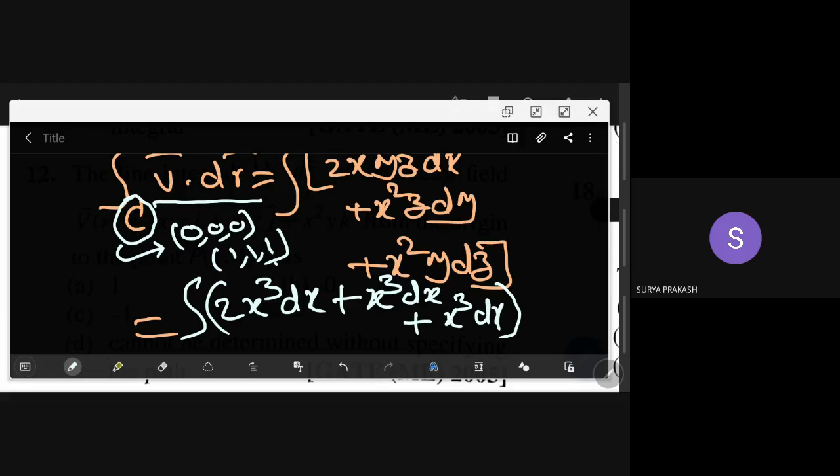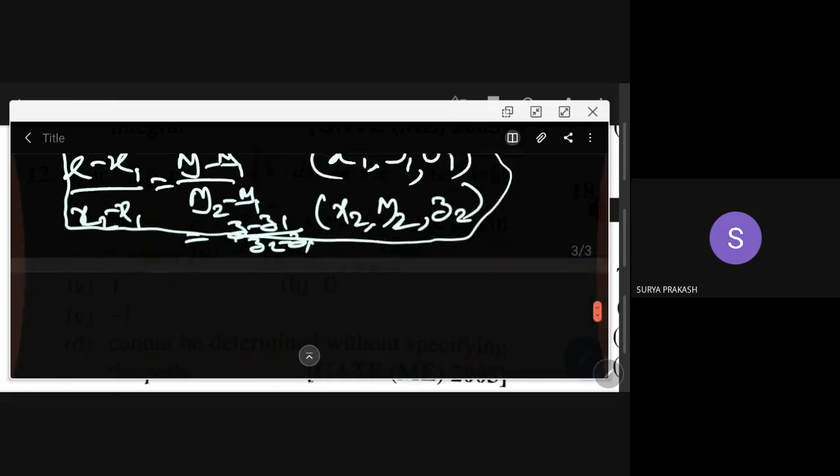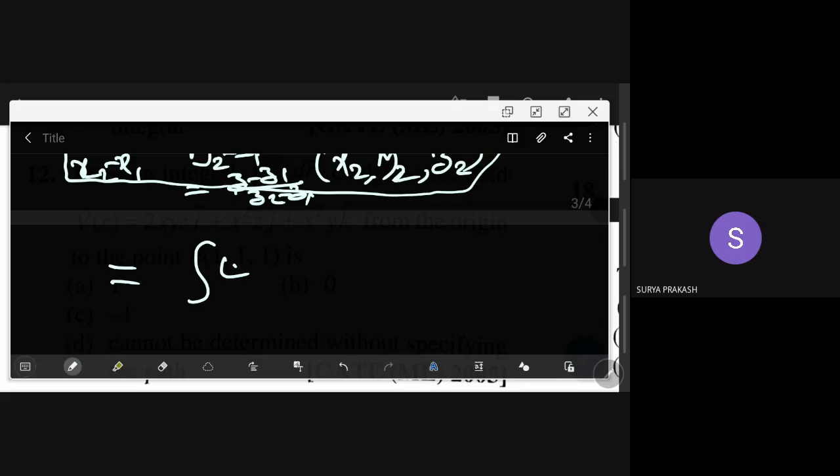Single integral means the integrand has only one variable, that is x. So now this is 2x cube, 3x cube, 4x cube. What we will get here is the integral of 4x cube dx, with x from 0 to 1, because along the line x varies from 0 to 1, y varies from 0 to 1, and z varies from 0 to 1.